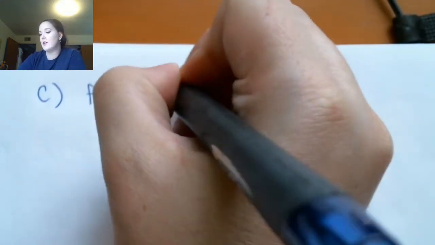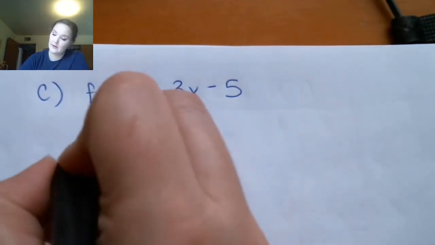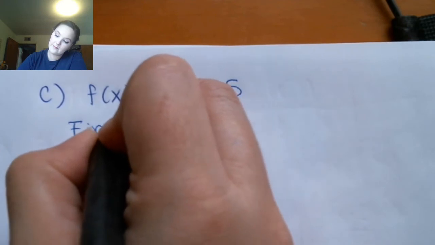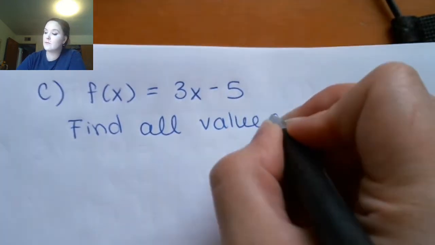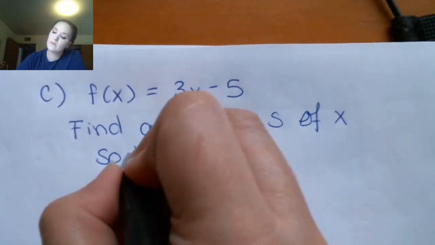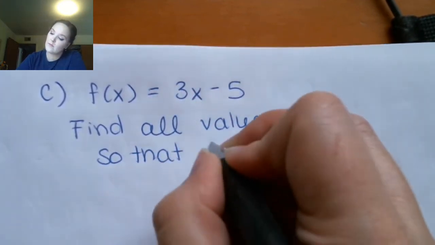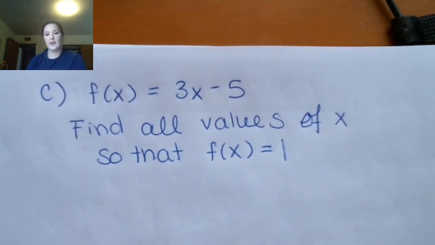So I'm just going to remind us f of x is 3x minus 5. And we are going to find all values of x so that f of x is 1.